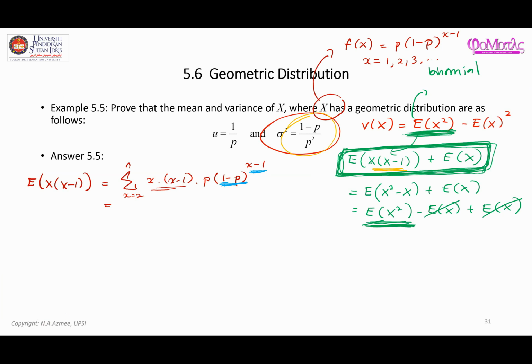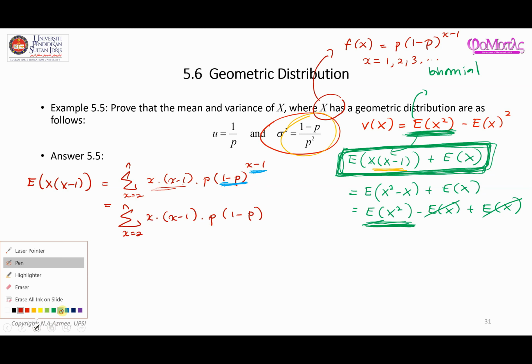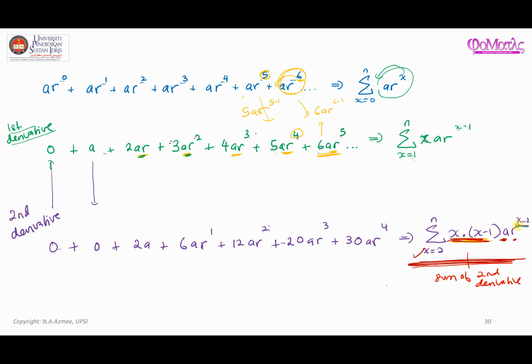Okay, we can change the representation of it, and this is how we can change it. So here we've got x equals 2 until n, x minus 1 times p, 1 minus p to the x minus 1. I'm going to change it so that it becomes x minus 2, because I want to match with this one.